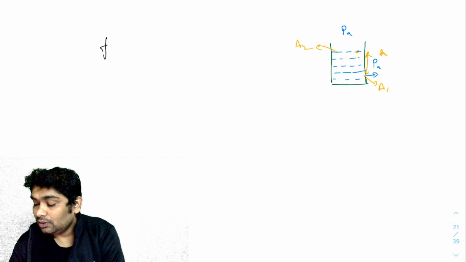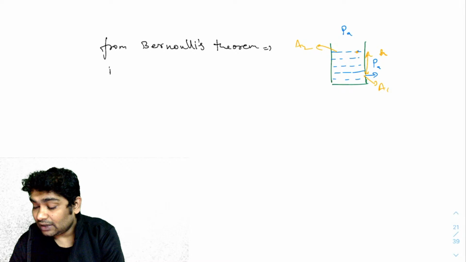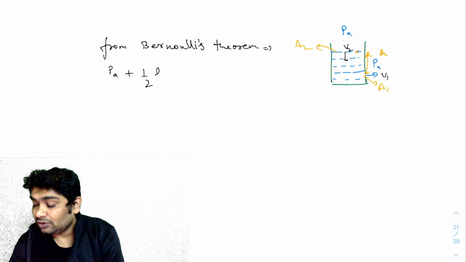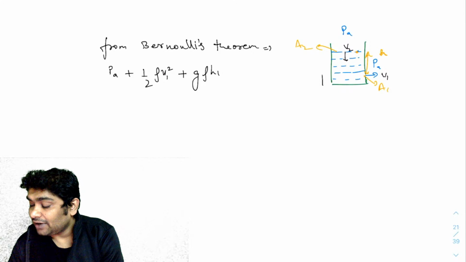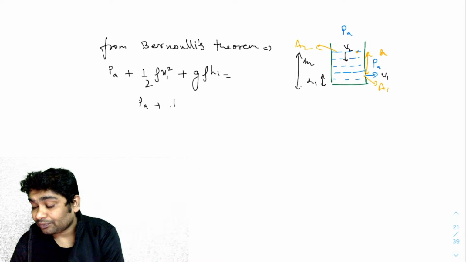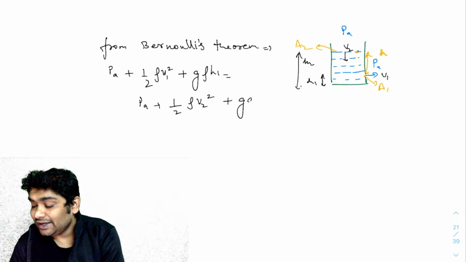From Bernoulli's theorem, PA plus half rho V1 square plus rho g H1, where imagine the velocity here of the water is V1 and the velocity there is V2, H1 is the height of this with respect to ground and H2 is the height of that with respect to ground, should be equal to PA plus half rho V2 square plus rho g H2.